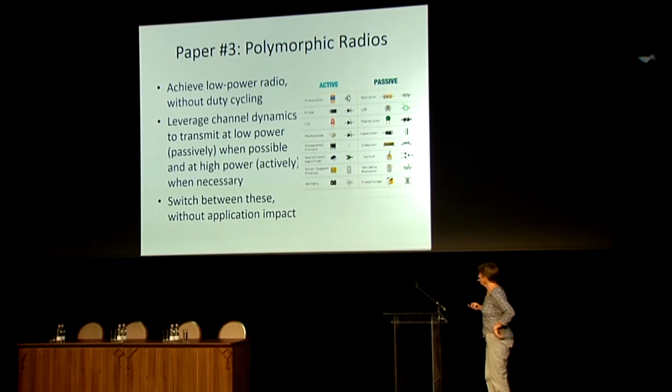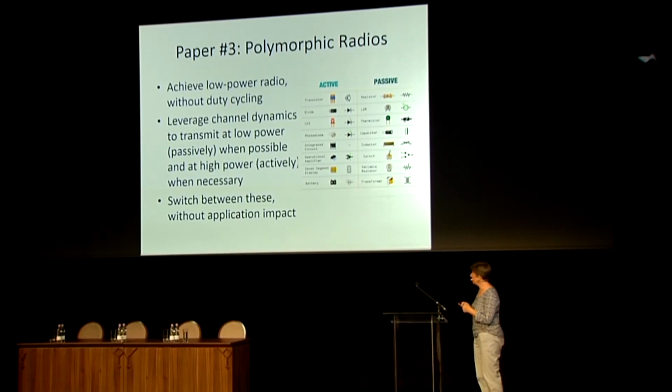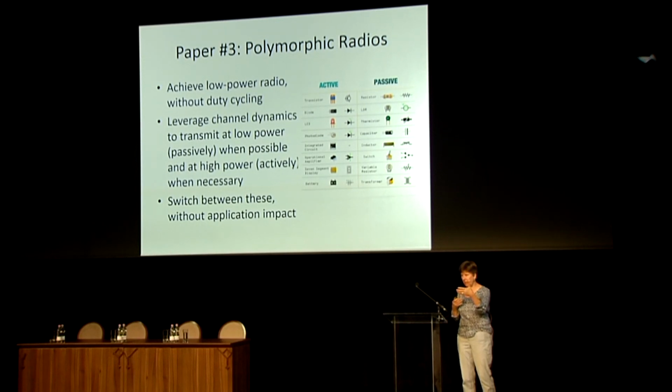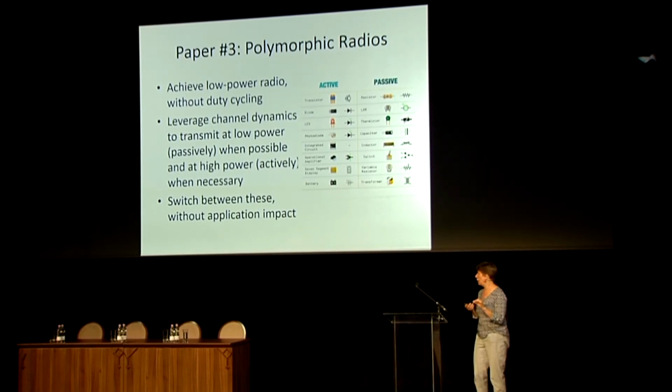So the idea of this polymorphic radio paper is to mix active components, which must be powered, with passive components that don't require power, and those are examples on the left-hand side, including diodes, to produce a radio that can operate in either passive component mode or active component mode, and you switch between them as appropriate for the communication.